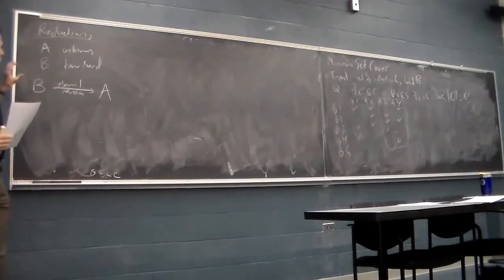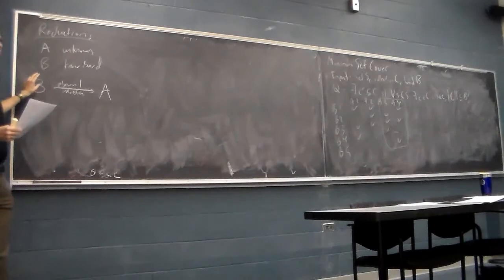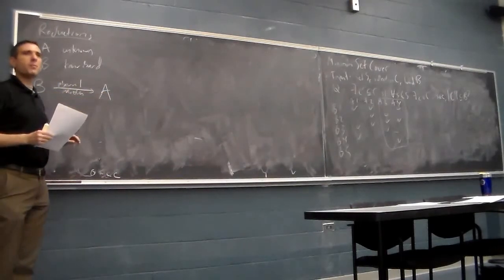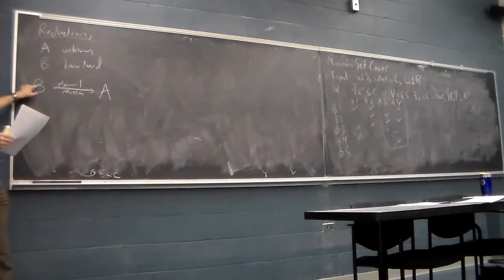So in other words, what we do is take some input to problem B that we know is hard, and we transform that into an instance of problem A. And we have to be able to do this for every instance of problem B, and we have to be able to do it in polynomial time in the size of the problem.